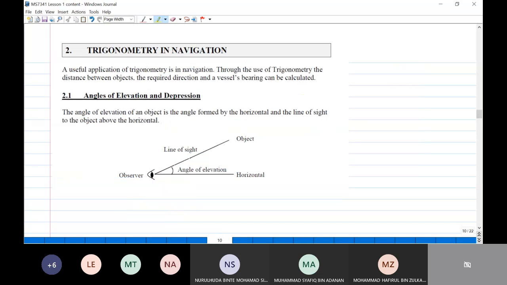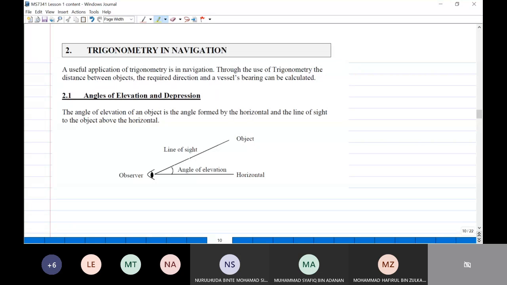Then, what are the other applications of trigonometry? One of them is called the angle of elevation. At this moment we will not have a sample of this, but next week we will see a sample. Angle of elevation is an angle when you look at something above the horizontal. So you look up to the object above the horizontal.